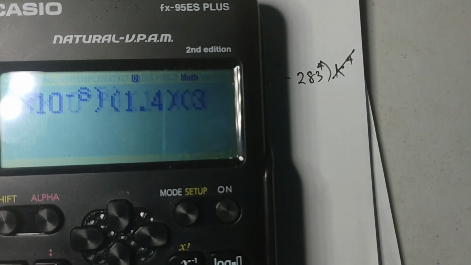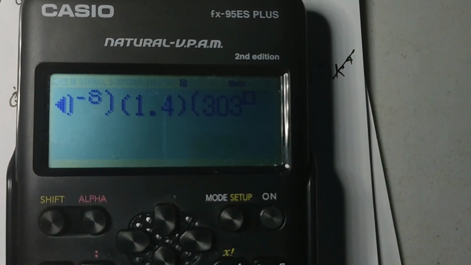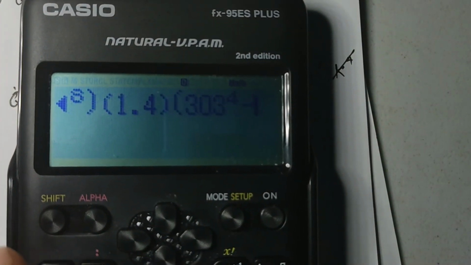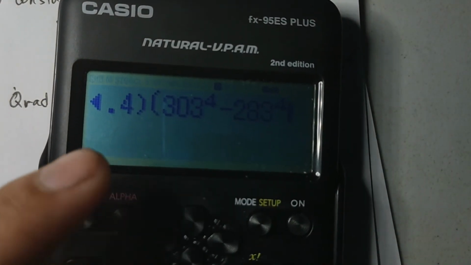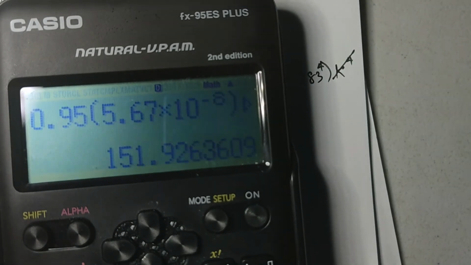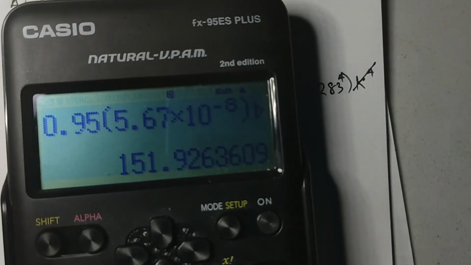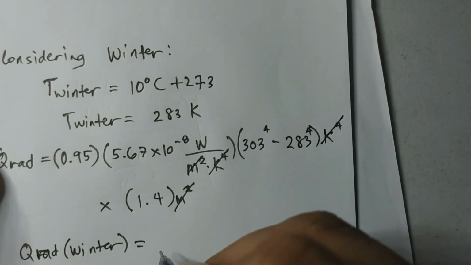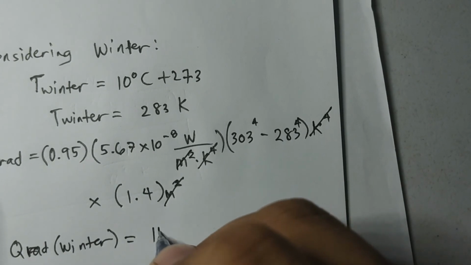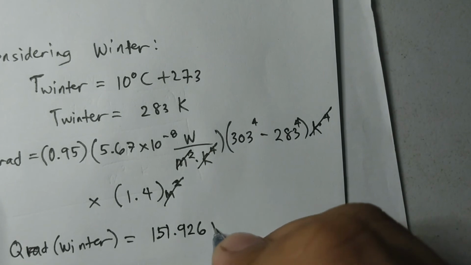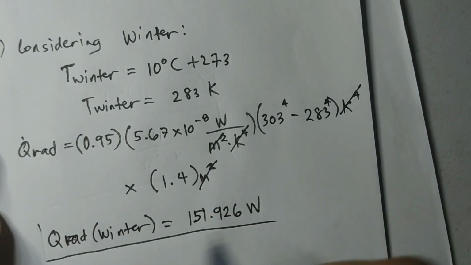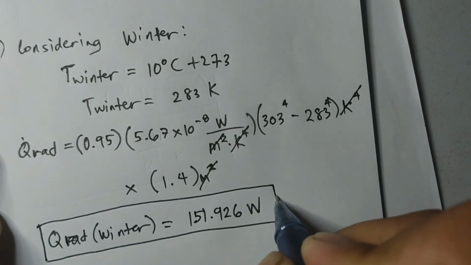Multiply sa 303 na ni-raise sa 4 minus 283 na ni-raise ulit sa 4. So, makuha natin dyan is 151.926 watts. So, ito ang iyong heat of radiation during winter.